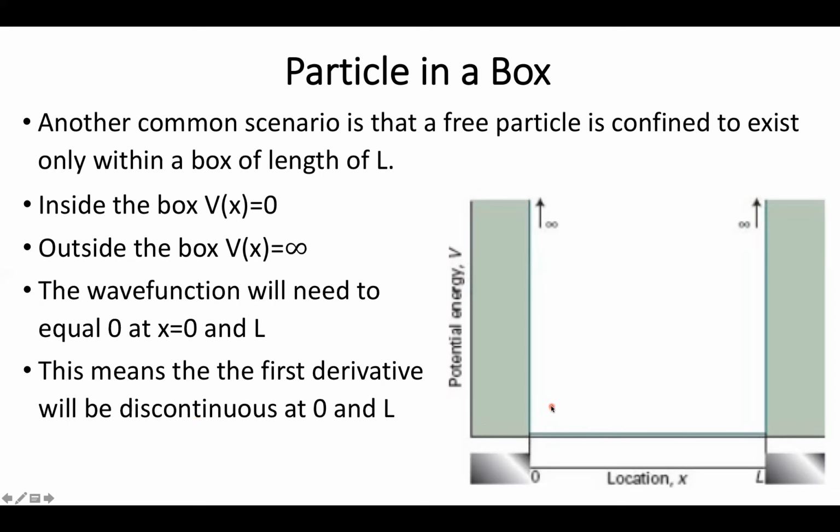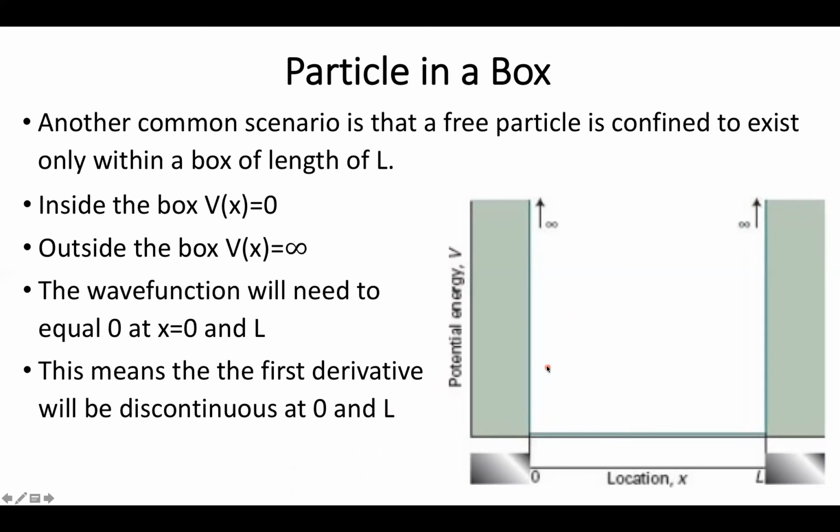So if we go from a non-infinite potential to an infinite potential, this is one of the few cases where we're allowed a discontinuity in our first derivative, because we have a discontinuity in our potential. So we're going to be using these as essentially constraints on our possible wave function.